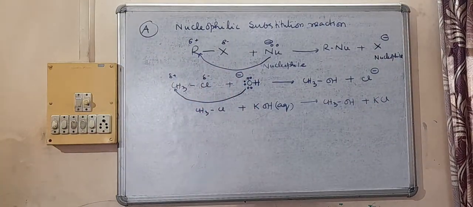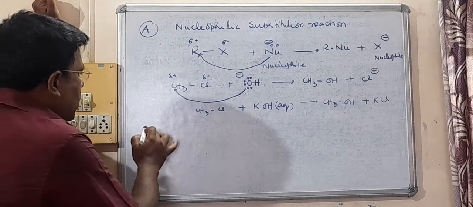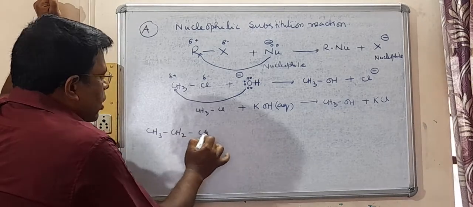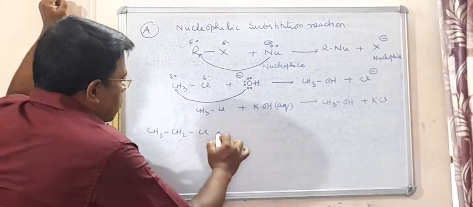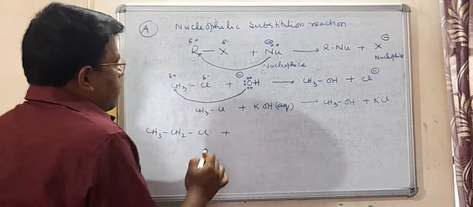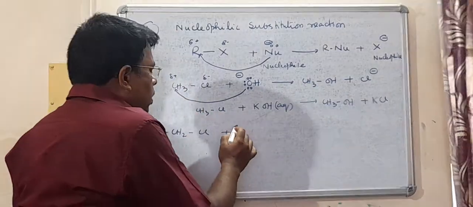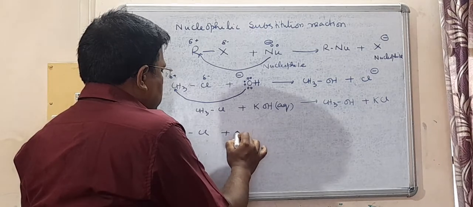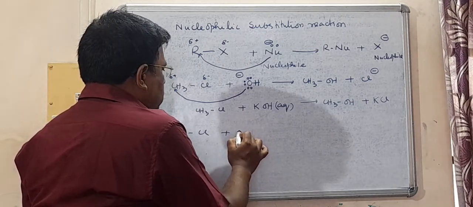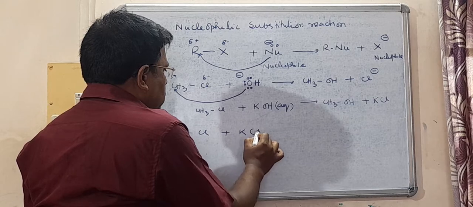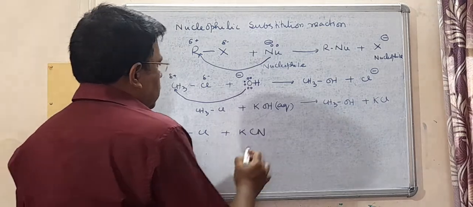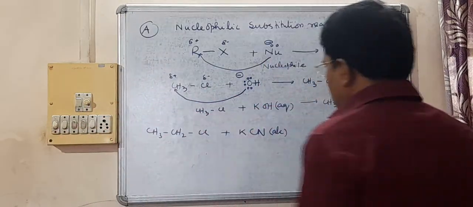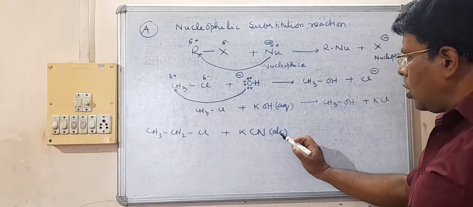Another example of nucleophilic substitution reaction is, say, ethyl chloride plus KCN, alcoholic. This is aqueous, this is alcoholic.